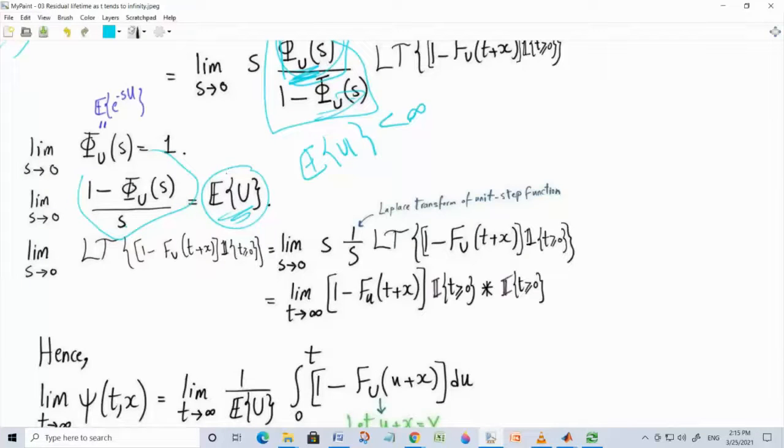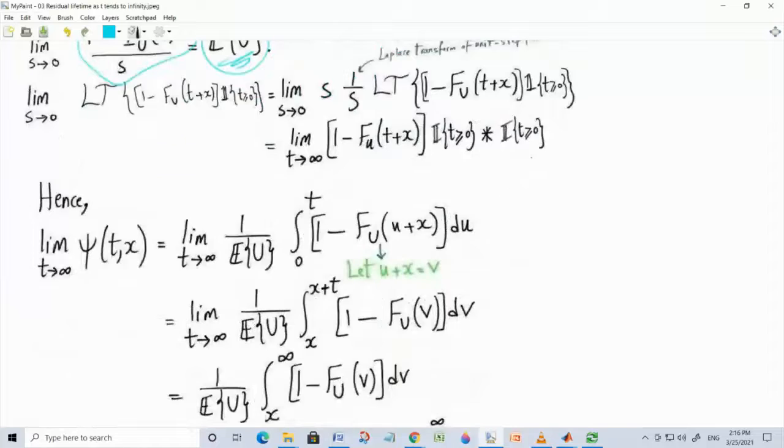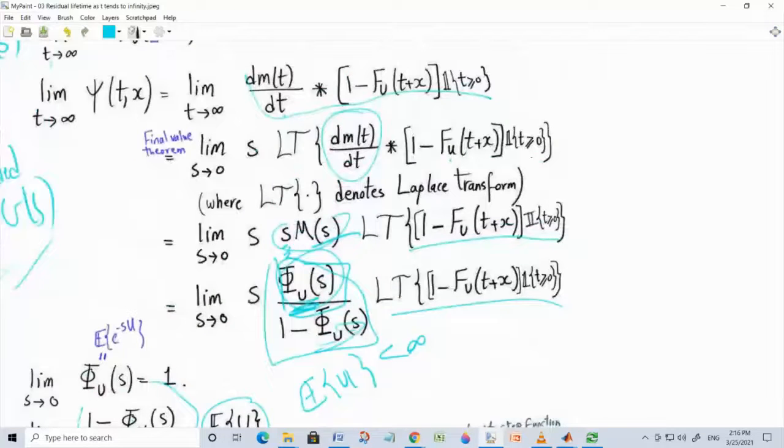And so basically we can make use of these two results and rewrite. So now we have the limit as s goes to 0 of this Laplace transform. What we will do is that we will use the final value theorem again, but in reverse. So again, you apply the final value theorem, you get terms in the s domain, you do some of the limits as s goes to 0, and then you say, okay, so now I am done in the s domain.